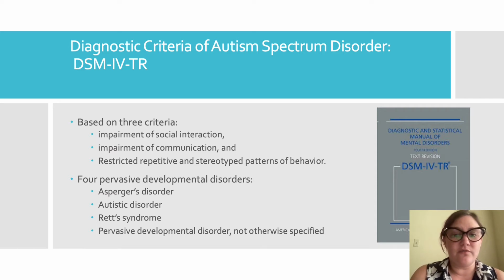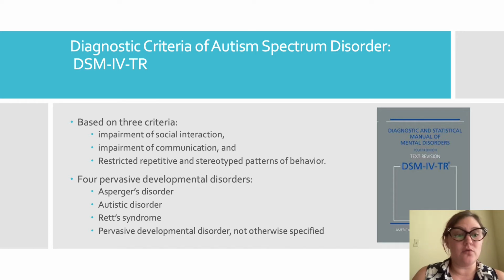In the DSM-4 TR, it was based on 3 categories of criteria: impairment in social interaction, impairment of communication, and restricted, repetitive, and stereotyped patterns of behavior.